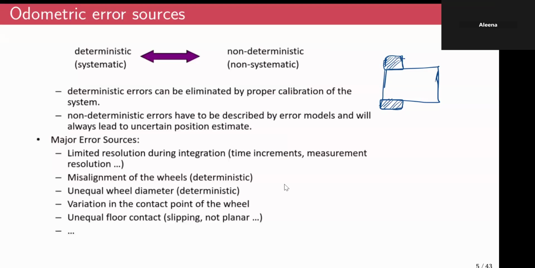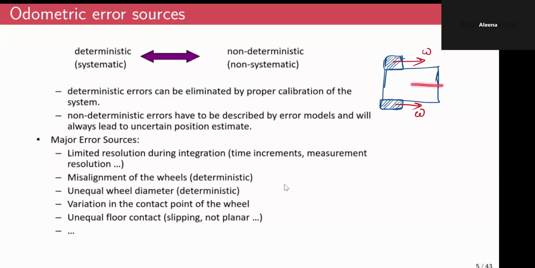If you give an input of equal magnitude to either of these wheels, say omega and omega, both wheels are being given a constant magnitude input in the same direction.